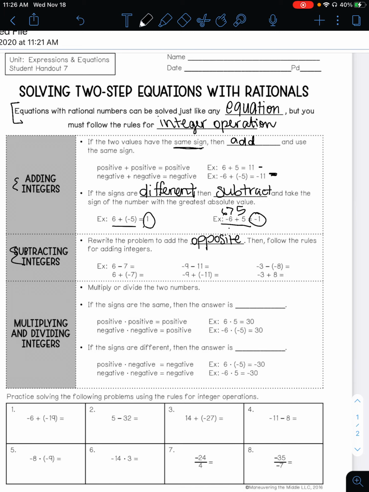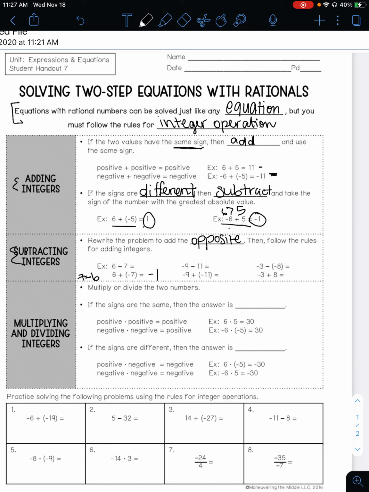Then you find out which one has the greater absolute value and subtract. Negative 7 has the greater absolute value, so you do 7 minus 6, knowing your answer is negative, and get negative 1.